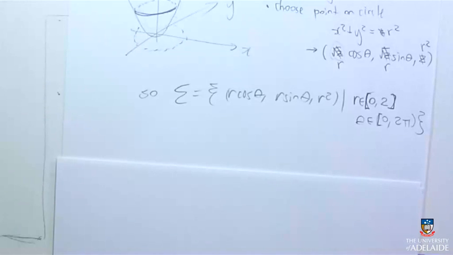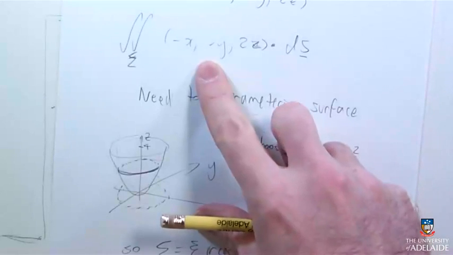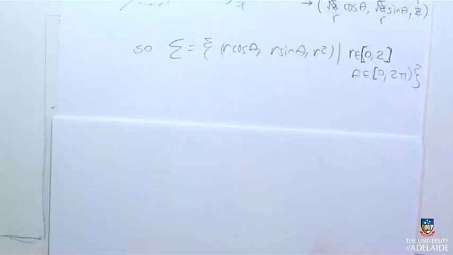Now what have I done so far? I've figured out the thing that I'm supposed to integrate. I've figured out a description of my surface so that I can track some variables to move across the entire surface. I need to see how the little piece of area changes as I move across the surface, and that's my dS.